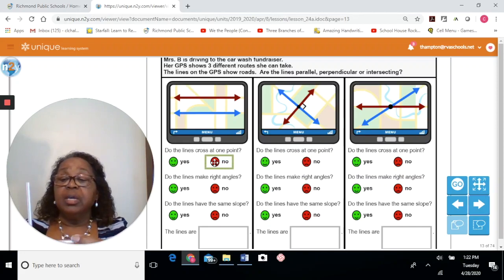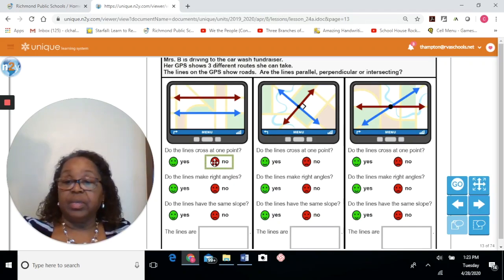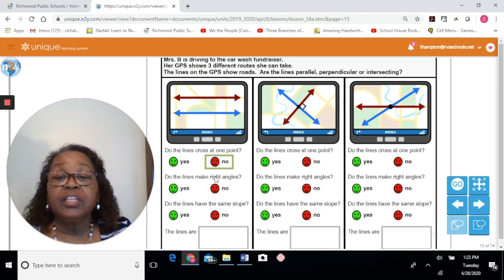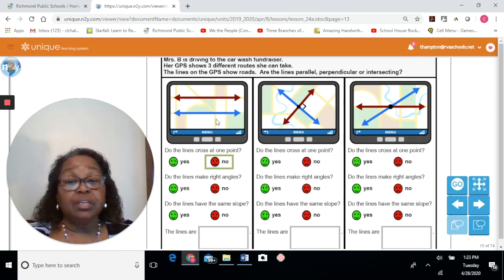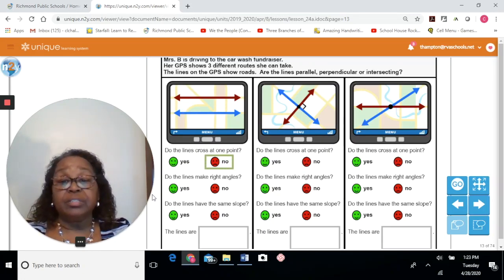And usually, if lines make a right angle, the geometry people will put a block in there like that to let us know that this angle is a right angle. So, do the lines make right angles? Well, in order to make right angles, they have to intersect. These lines do not intersect, so they do not make right angles.